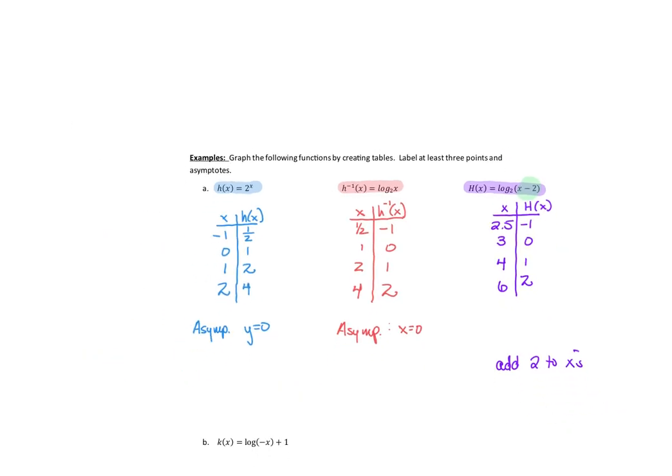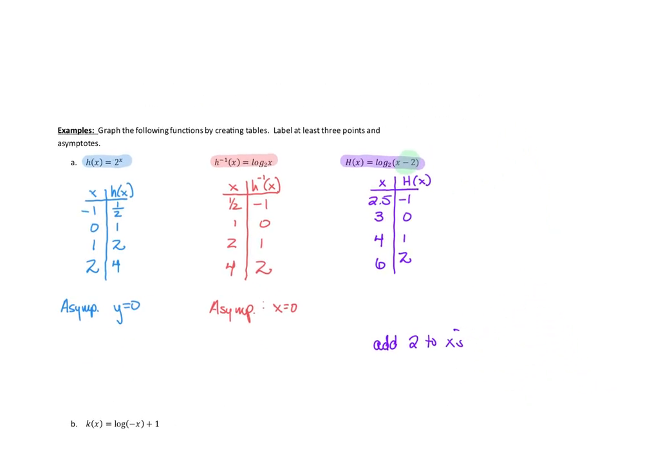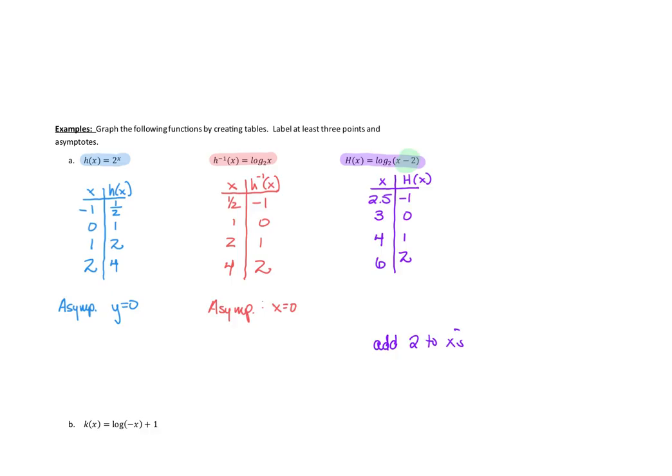All right, so now let's go ahead and see what this looks like, okay? I'm going to graph all 3 of these, okay? But remember that the focus is on capital H of x.